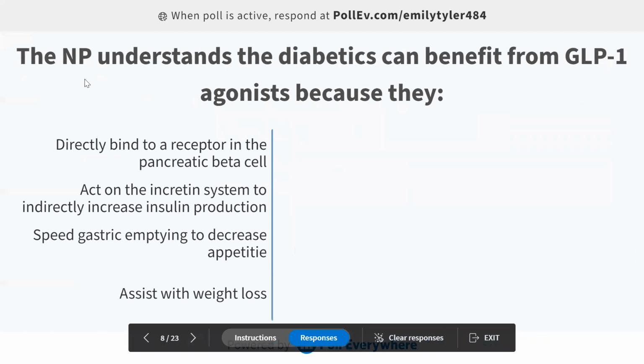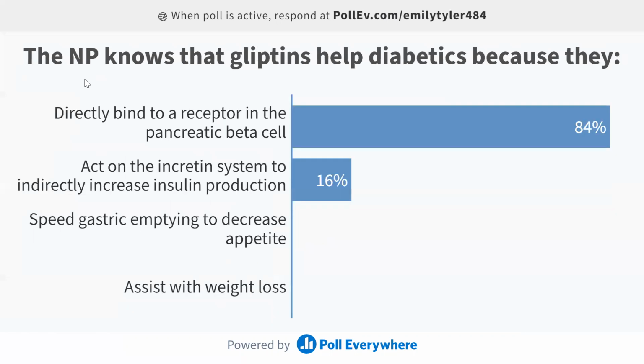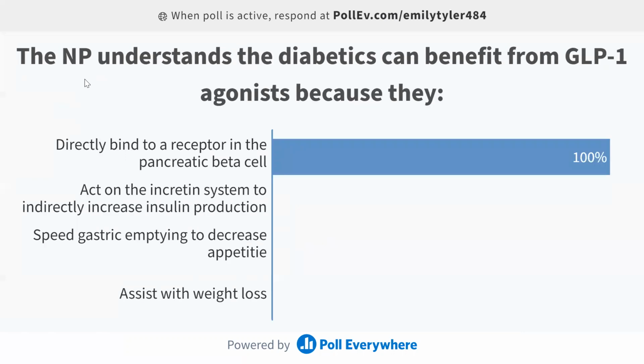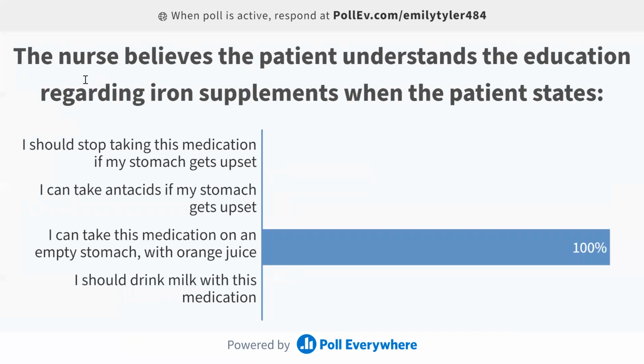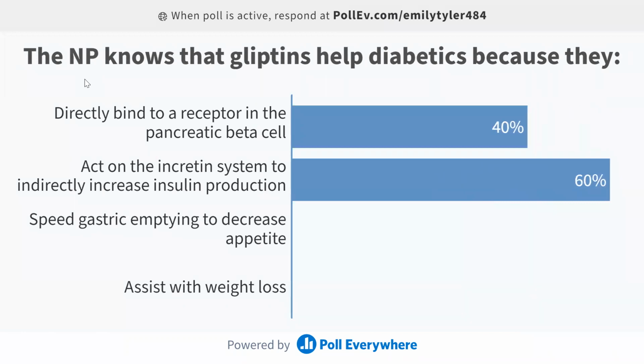You understand that diabetics can benefit from GLP-1 agonists because they do what? Oh, I screwed that up. I did that backwards, I'm sorry. Go back to your gliptins, because I answered about GLP-1s, not gliptins. So this one's B. Gliptins act on the incretin system.